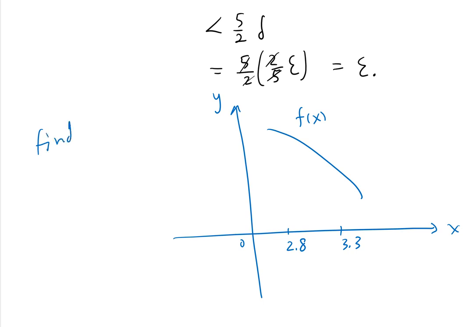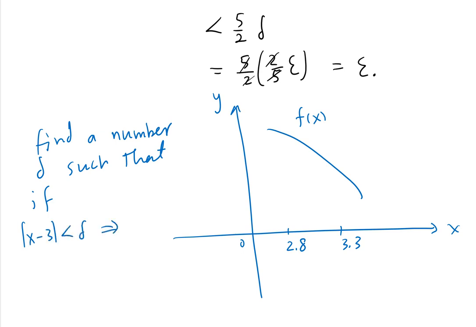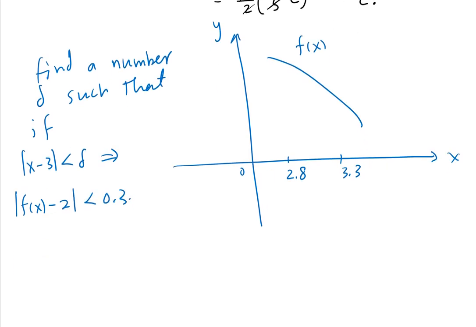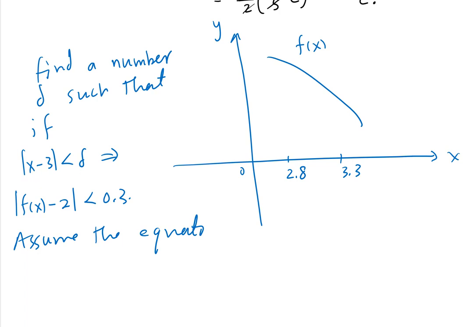Find a number delta such that if the absolute value of x minus 3 less than delta implies absolute value of f of x minus 2 less than 0.3. Assume the equation of f of x is given.